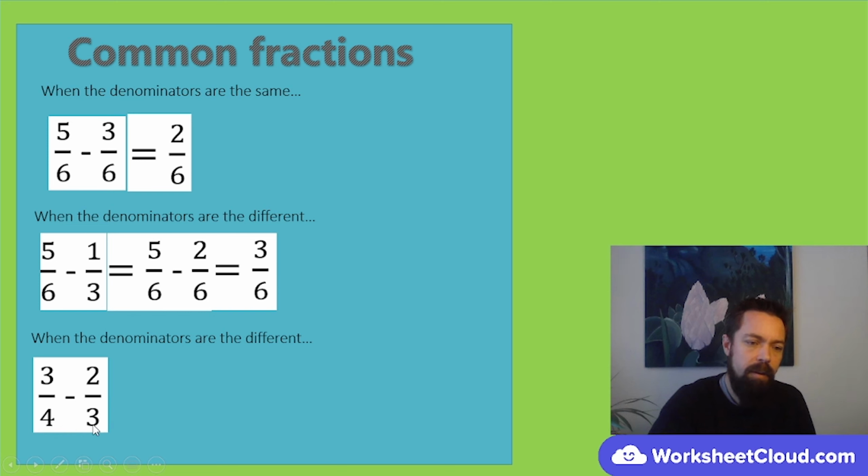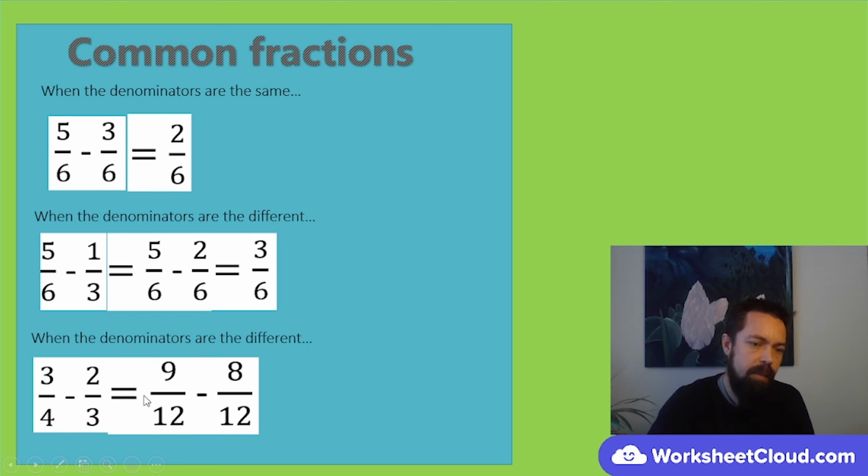So I'm going to convert both of these into fractions over 12. So I'm going to times this by 3, and what you do to the bottom, you do to the top. So I'm going to times both of those by 3, and this one I'll times by 4 to get to 12, and I'll do the same to the top.